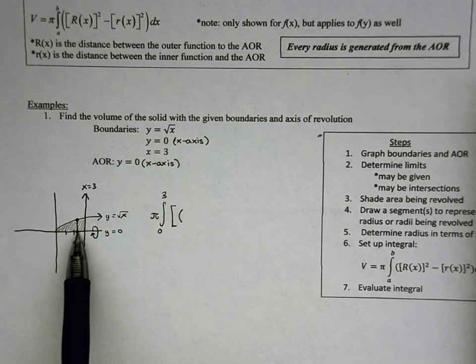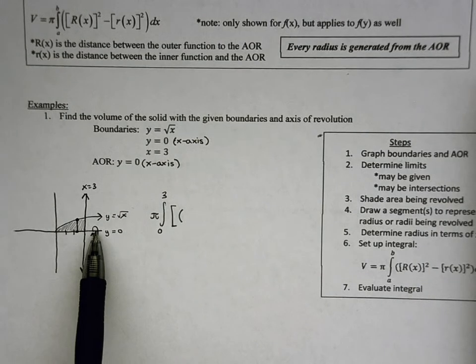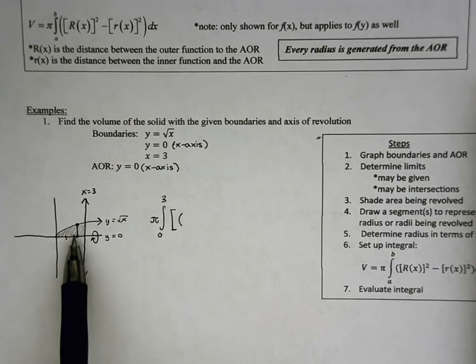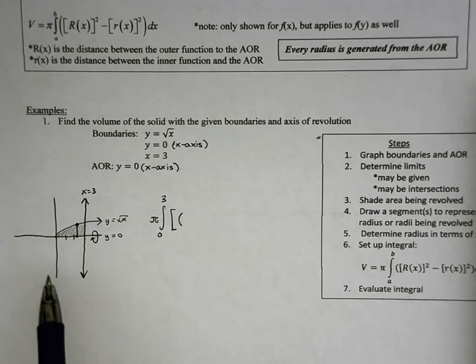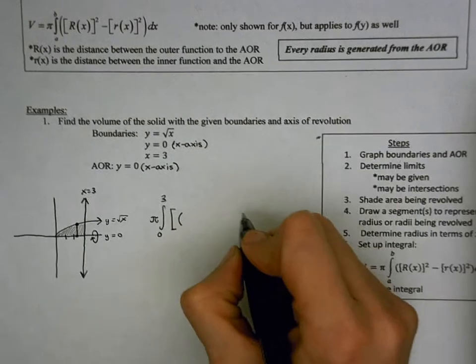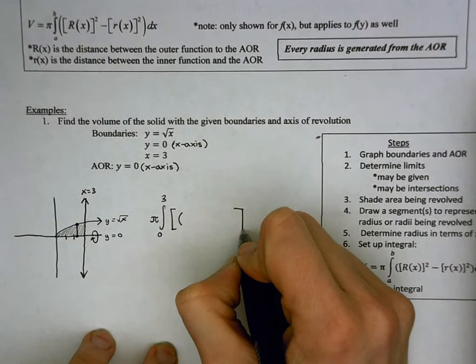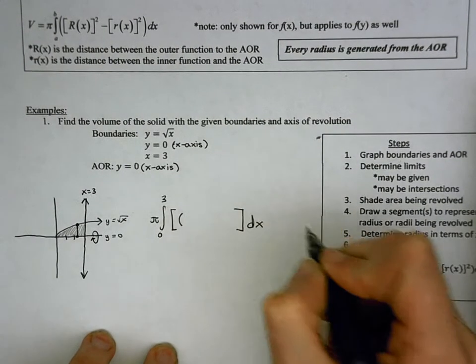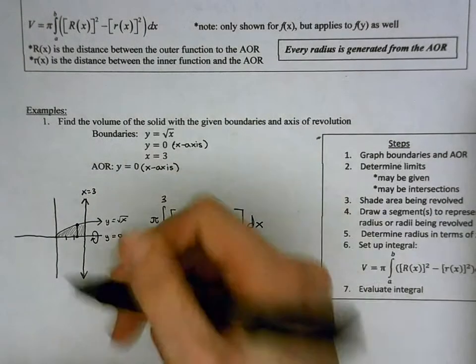In this particular case, because we are revolving around the x-axis, we're going to draw our representative rectangle towards the x-axis. Even if it can't touch, as you'll see in later problems, it's still going to be drawn towards the x-axis. And our final integral is going to be all in terms of x, right, dx, since we're revolving around the x-axis.